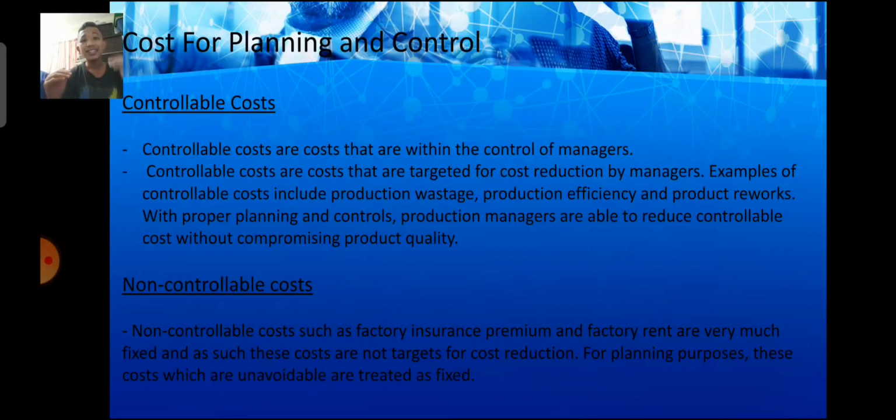The one that is 2-3 days early has higher wastage because they want to be faster, so the quality might deteriorate and there might be wastage because of rejects.